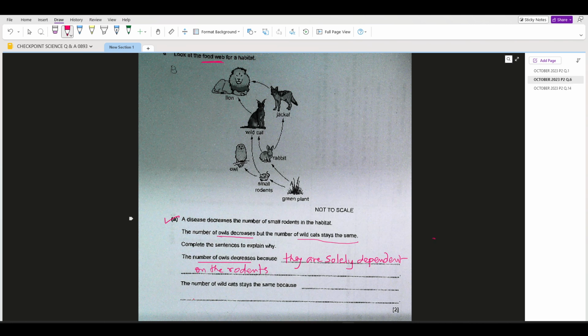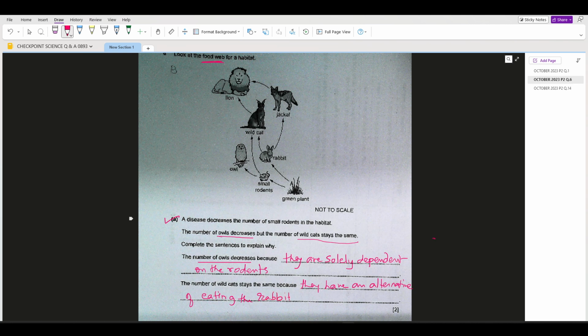But then he asks, what is the reason for the number of wildcats remaining the same? The number remains the same because they have an alternative of eating the rabbit, isn't it?